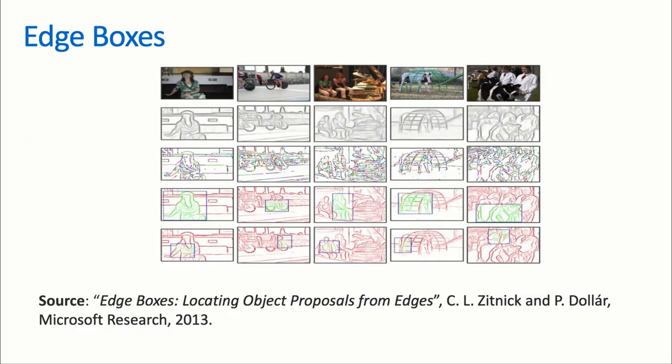This image shows examples in columns. At the top row are the original input images. The second row contains the output from the structured edge detector. The third row shows the grouping of edges together. Edges in green are predicted to be part of the object in the box, while edges in red are not.